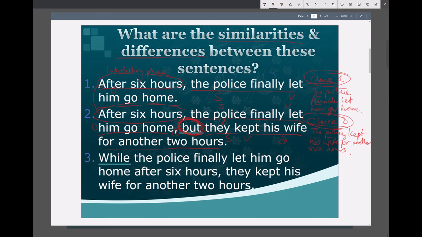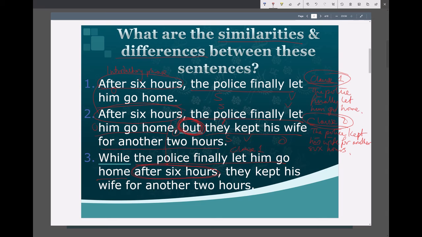Let's find the clauses first. The police finally let him go home. So clause 1 is here. And then the introductory phrase is now placed after clause 1. And notice, when you place an introductory phrase after the clause, you don't need a comma.